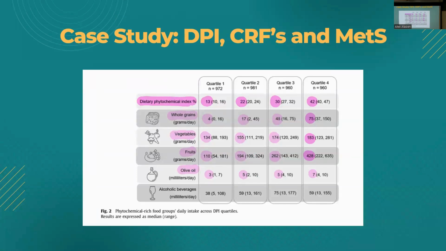And the top, as you can see, includes the percentage of phytochemicals consumed. This indicated an inverse relationship between DPI and insulin levels, leptin, and glucose levels as well. And it also indicated a decrease in rates of obesity depending on the phytochemical consumption.